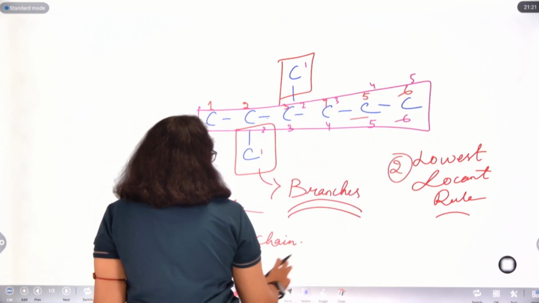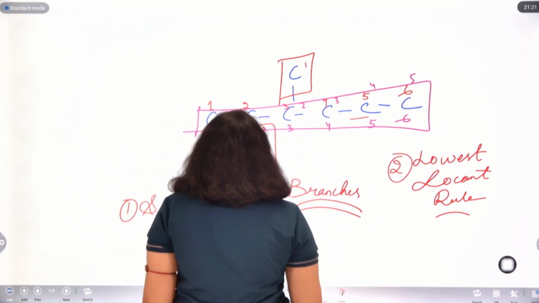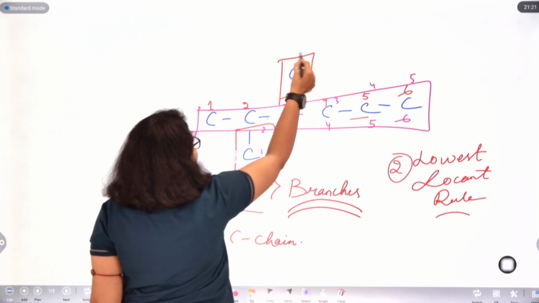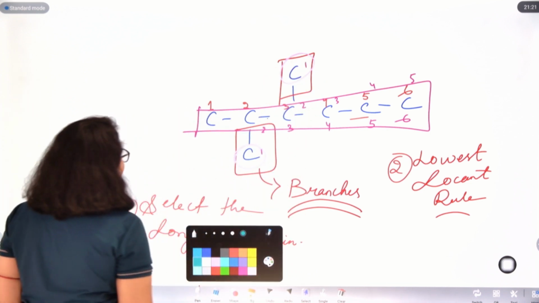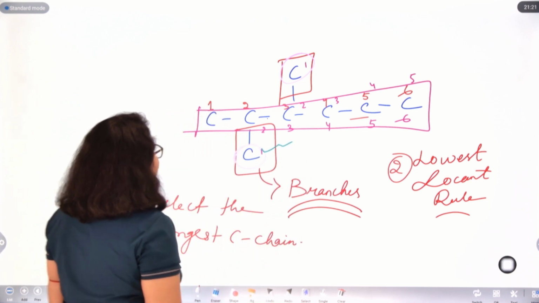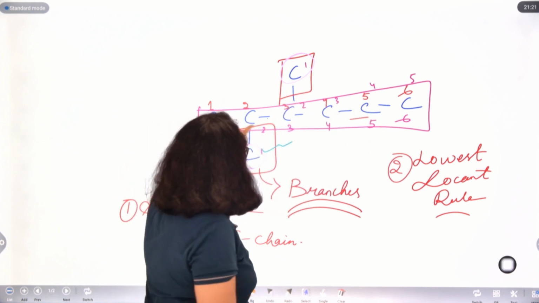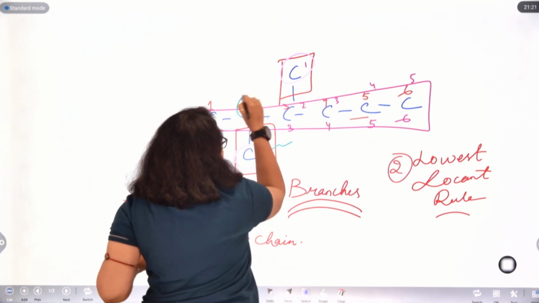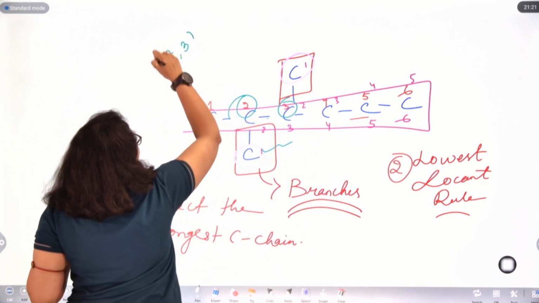Now here I have to follow the lowest locant rule. That means the minimum number must be given to these branches, right? Now here, if I'm numbering from this side, then I'm getting my branching at second position and third position. So the first set of locants is 2 and 3.